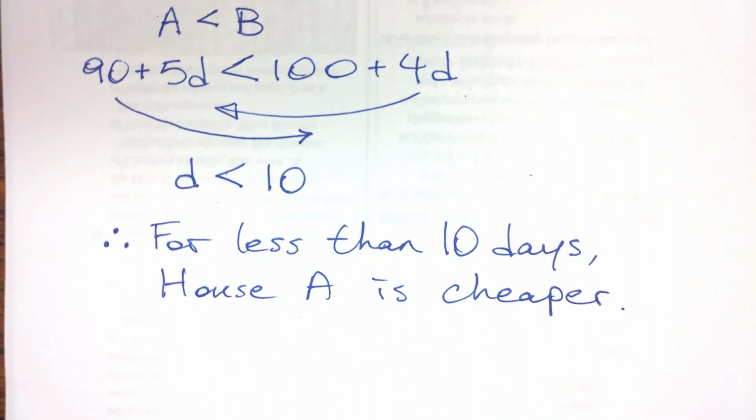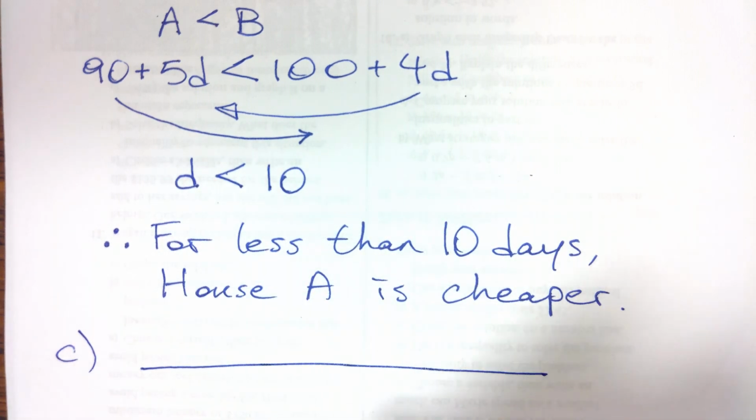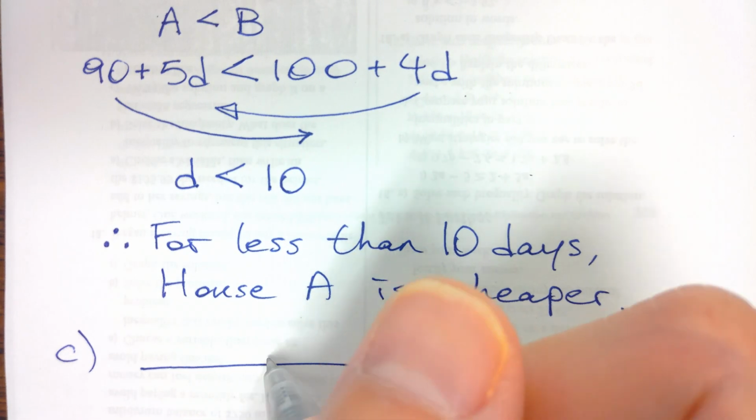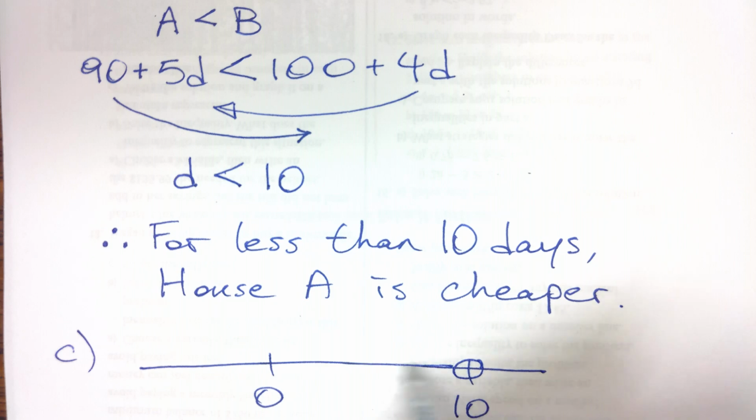And then again, for part C, the number line, so 0, 10, and because it's less than, just do the hollow circle with the number line going to the left.